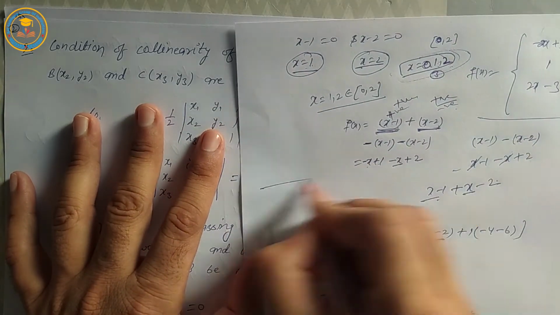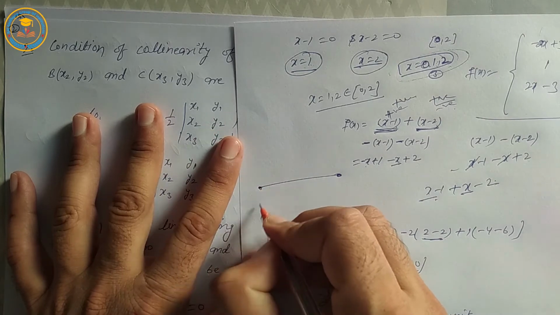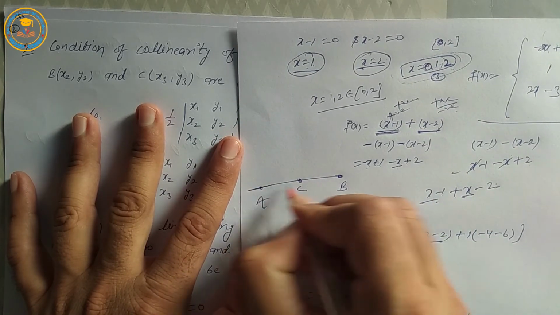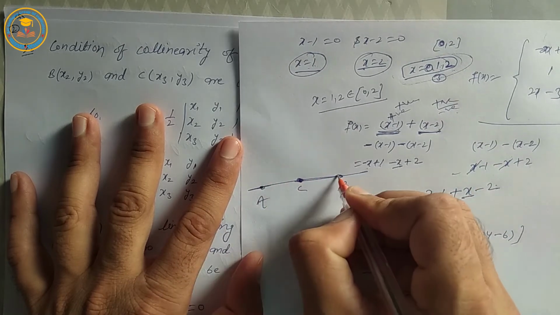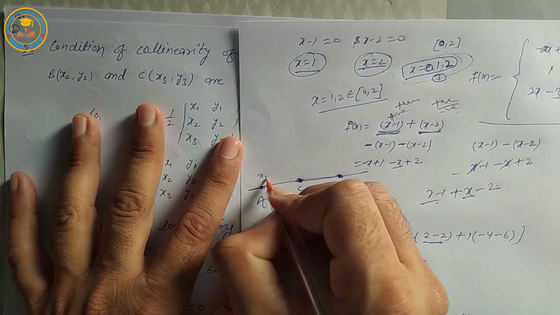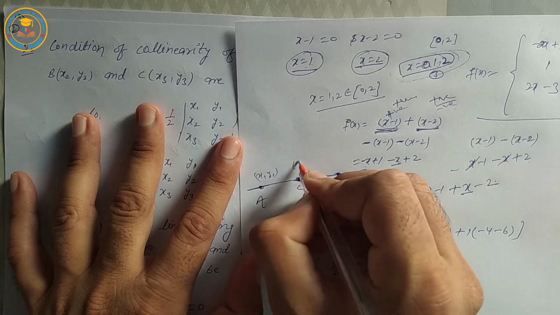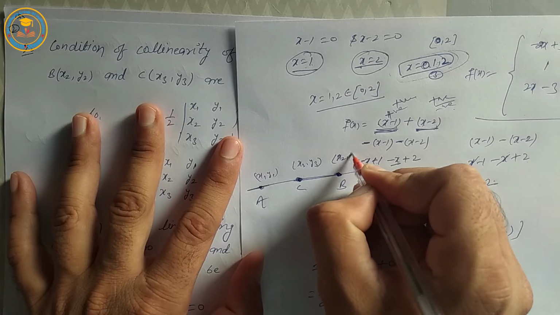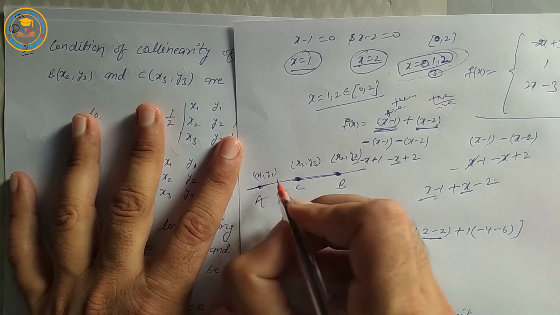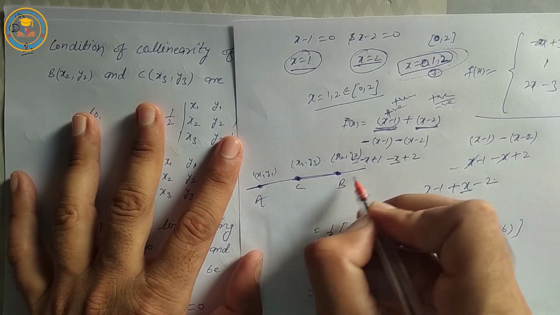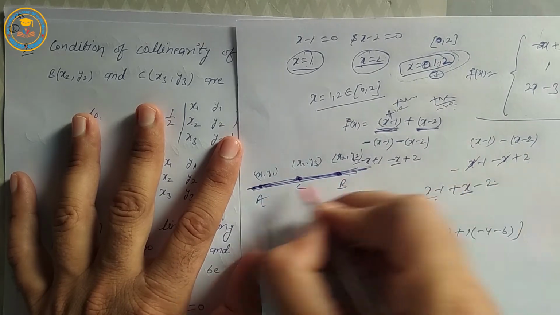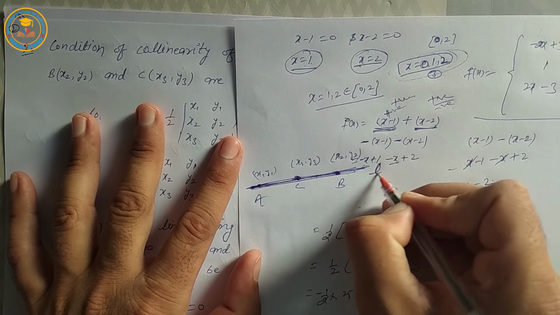For example, line AB with point C; point A is (x1, y1), point C is (x3, y3), point B is (x2, y2). Points A, B, C lie on a straight line, line L.